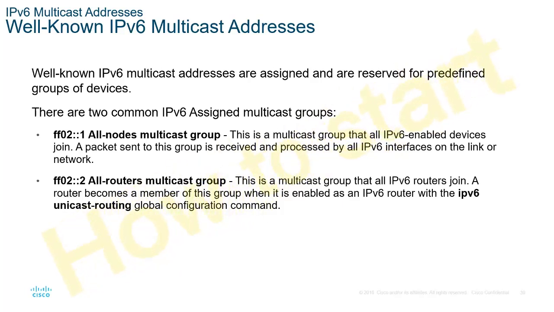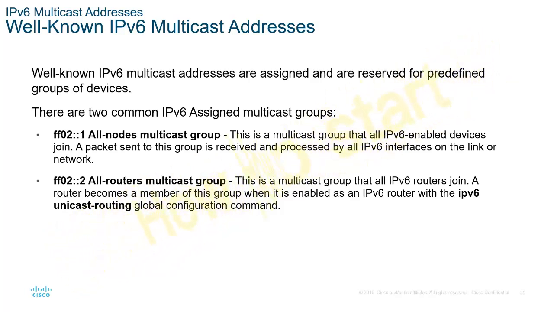You remember that you have to turn on IPv6 routing by issuing the ipv6 unicast-routing command in global configuration. That enables IPv6 for that device. Again, these are just two of the multicast groups, not all of them.